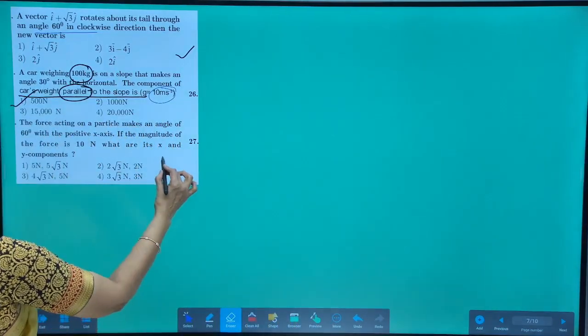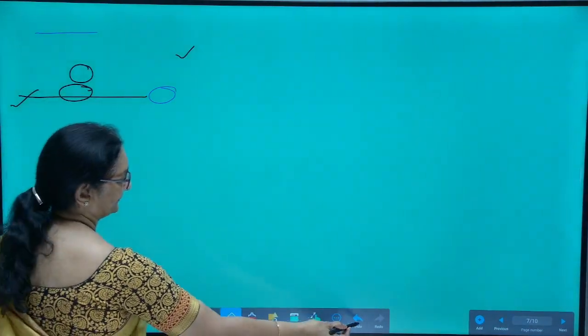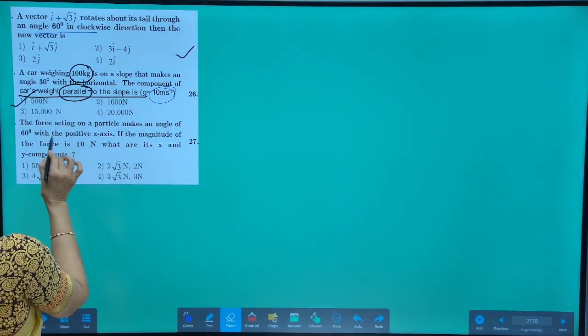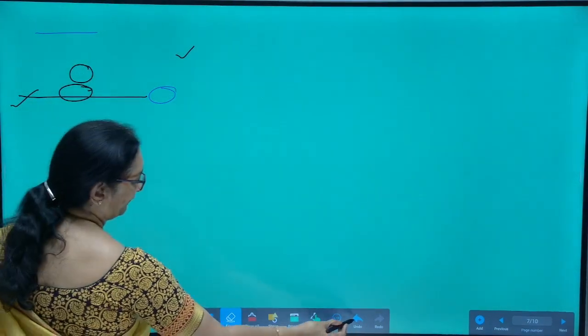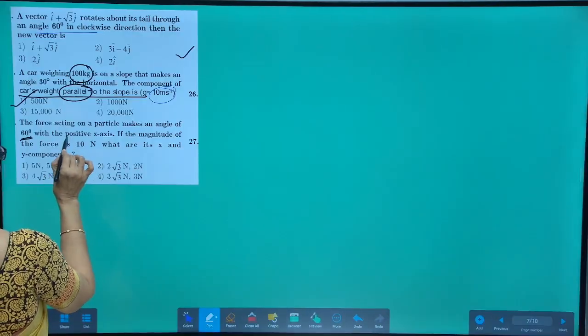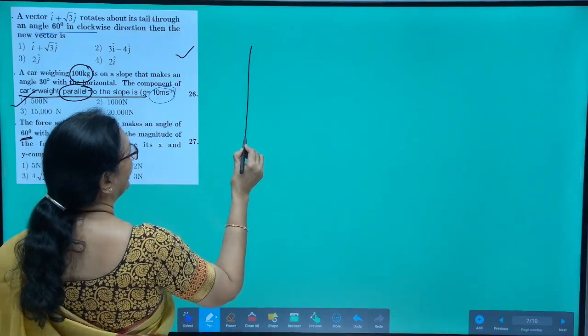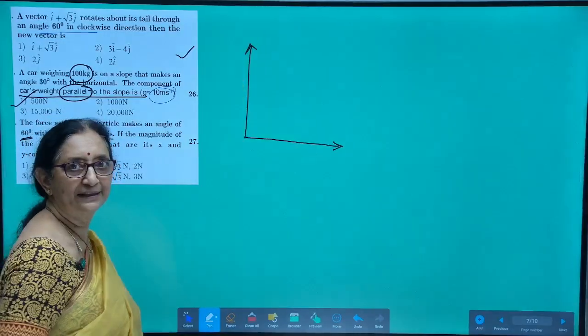Look here. The force acting on a particle makes an angle 60 degrees with the positive x-axis. See here, again, let this be the positive x-axis, this be the positive y-axis.